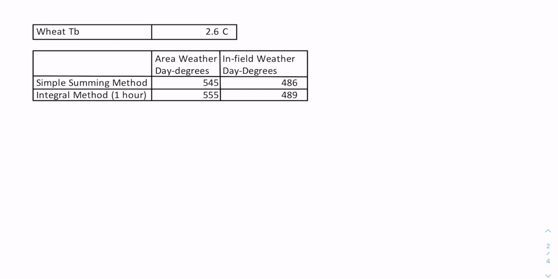Maybe it doesn't matter so much if you're just talking a couple weeks, but over a month and a half, we see a possible difference where we would calculate something happening 2 days earlier than it actually did based on our regional weather versus our in-field weather measurements. So it's something to think about, and it further suggests that we need to focus on making in-field measurements if we want to get accurate information.